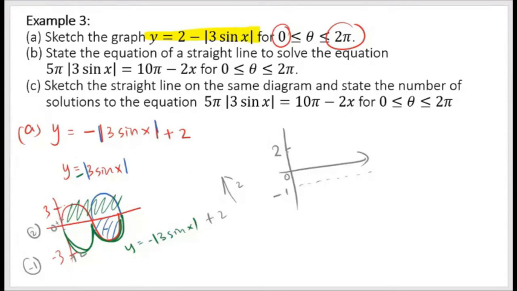Then you're going to draw like this. Draw properly, don't do like me. So this is your graph of y equal to negative modulus 3 sine x plus 2.